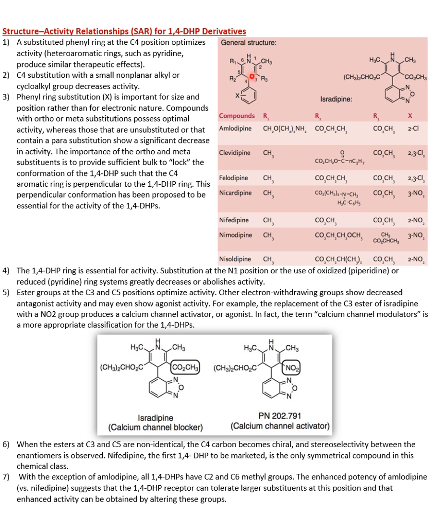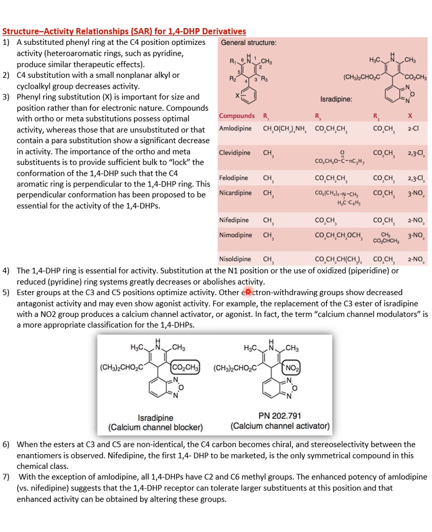If you, for example, add another double bond here or make it a pyridine, or if you remove this double bond and add hydrogens, in other words, if you reduce the ring and it becomes piperidine, then the activity will be lost.